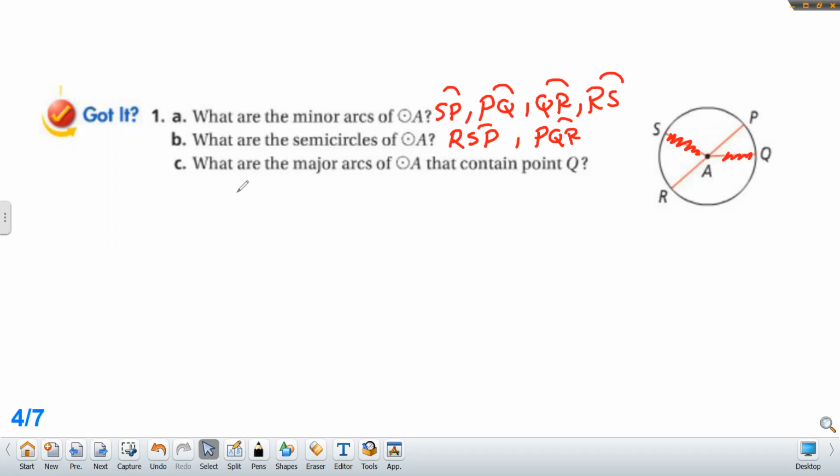Okay, the last one is: what are the major arcs of the circle A that contain the Q? He is asking me about the major, yes. So I'm supposed to look at the minor and the rest will be my major. We start with the first one, SB. I started with SB as a minor.